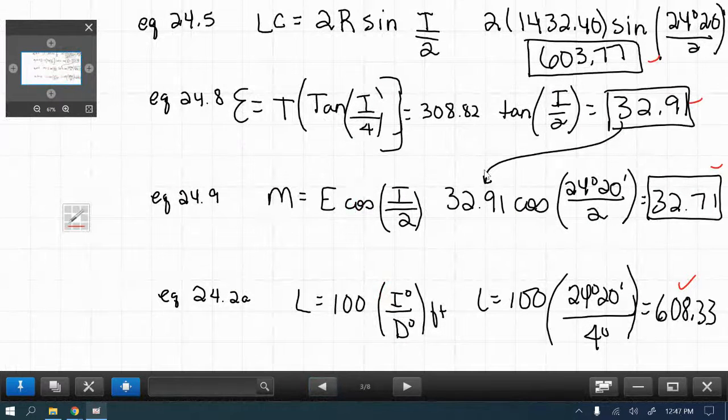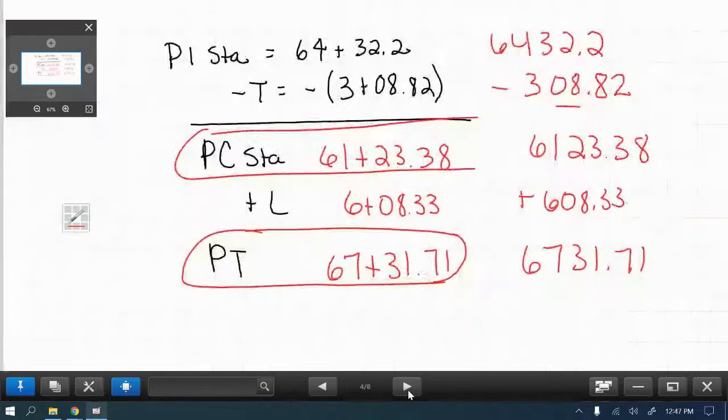And it does. There's my long chord at the very top of this page. Lets me know that I'm good.